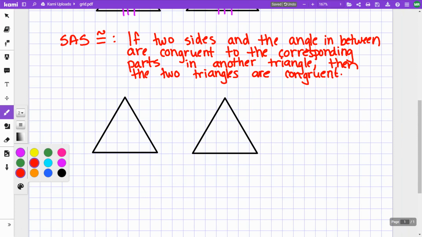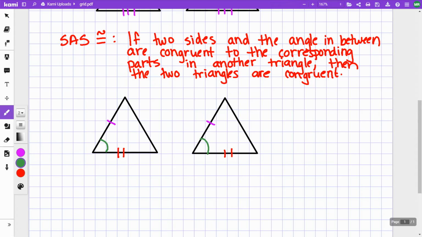If I know this side with this side, let's say this side with this side, and then I know that angle in between, that is the situation that we're talking about. So side, angle, side, two sides with the angle in between.